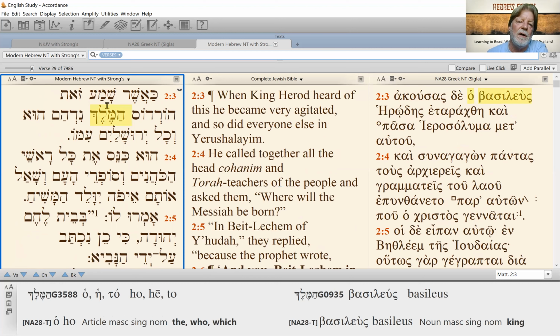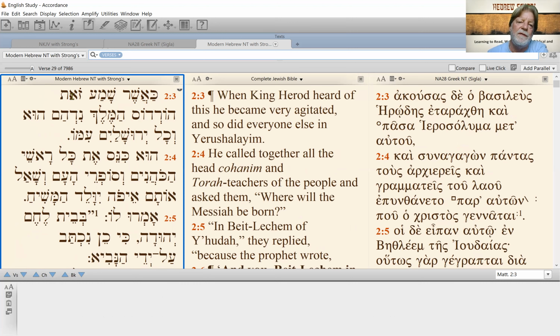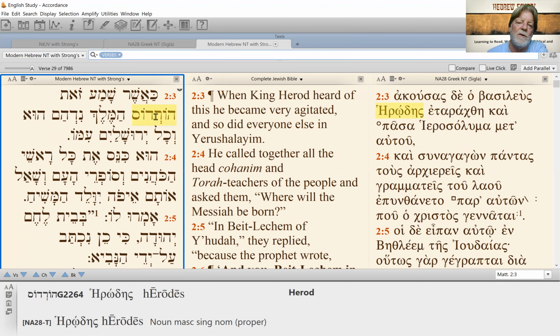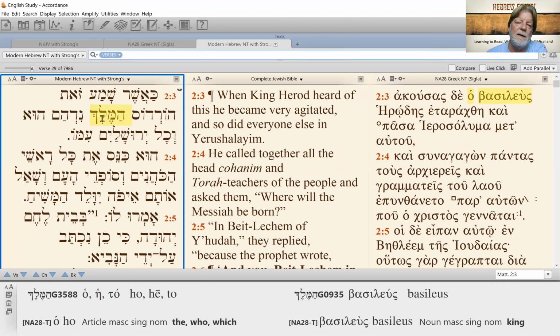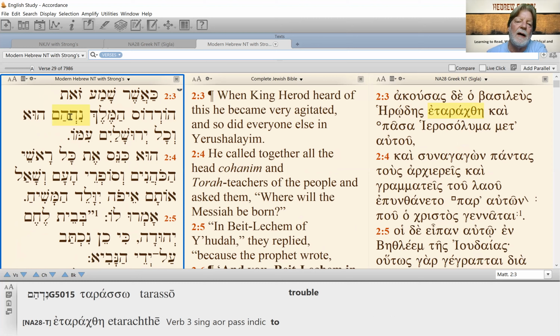Shama, he heard. Zot, this. Horodos, Herod. Hamelech, the king. Nidham means to be stirred up or troubled or concerned.